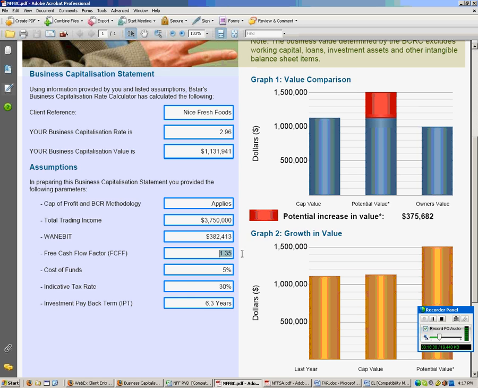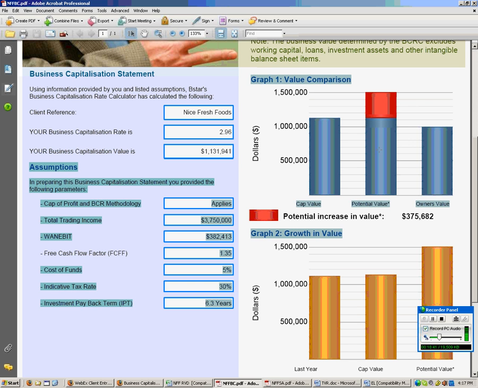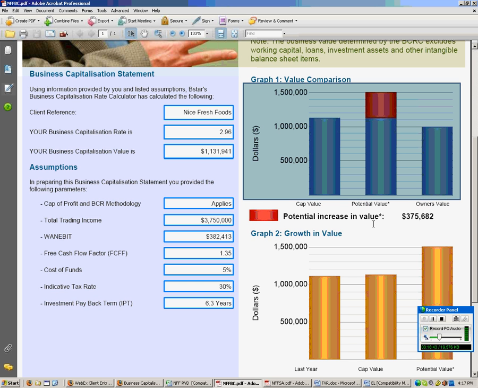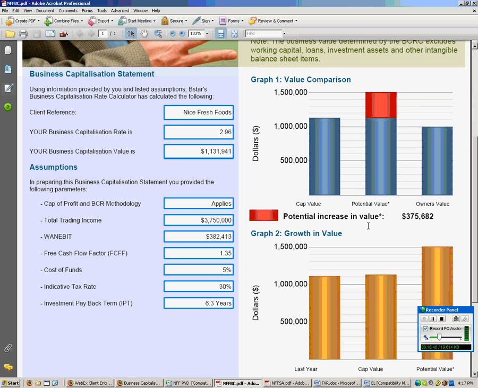It also shows the potential for value improvement by defaulting to a 12% increase in earnings, a 0.05 improvement in the free cash flow factor, and a 1-year improvement in the payback term or risk and value assessment score. Alliance partners wanting to provide a more accurate assessment of the potential for value improvement can go back and re-enter inputs after discussing value improvement strategies with their clients.